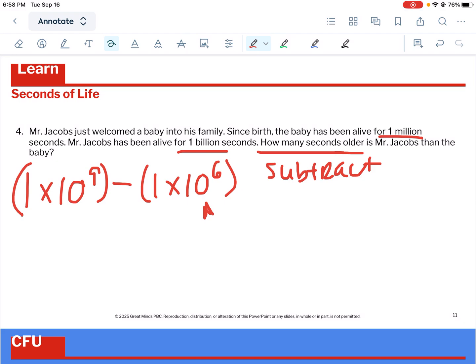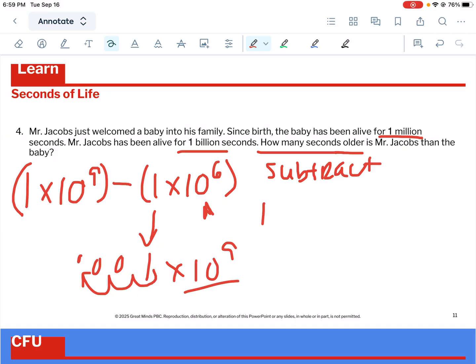If we backed up the decimal point on this 1, because right now it's at 6, but if I backed it up 7, 8, 9, that'll give you 0.001 times 10 to the 9. And then you can subtract normally and then keep the same base. So you'll just be doing 1 minus 0.001 equals, and whatever that answer is, times 10 to the 9.